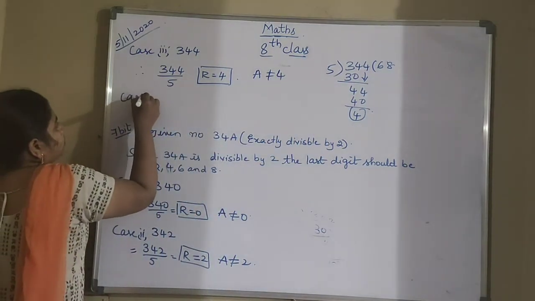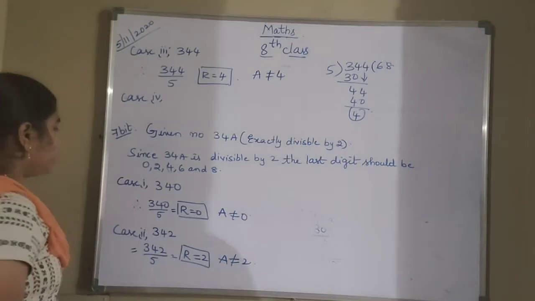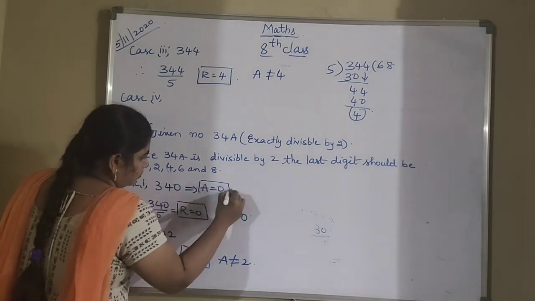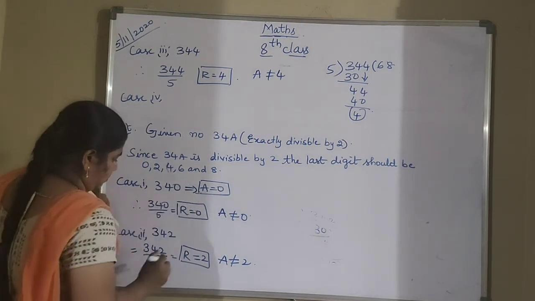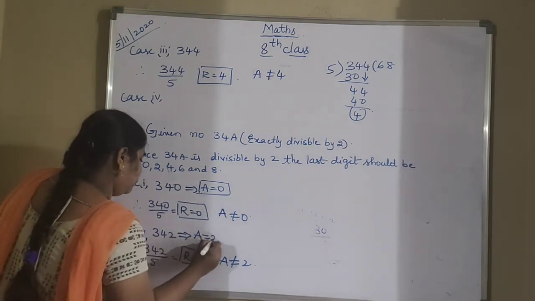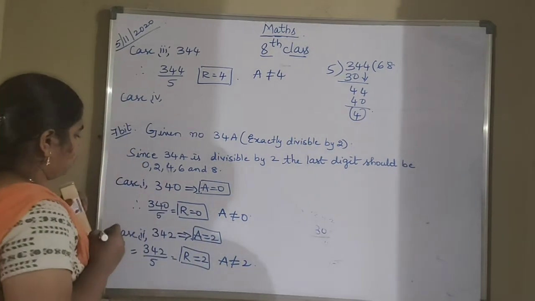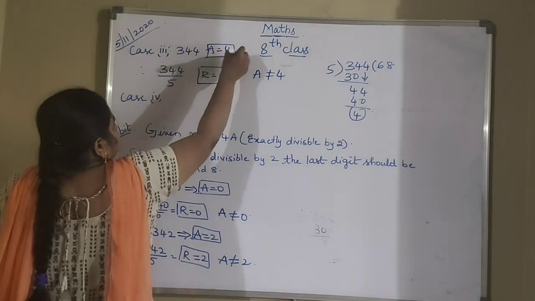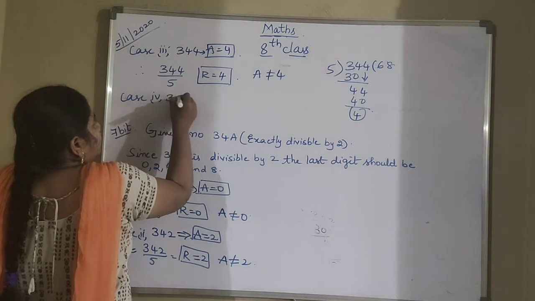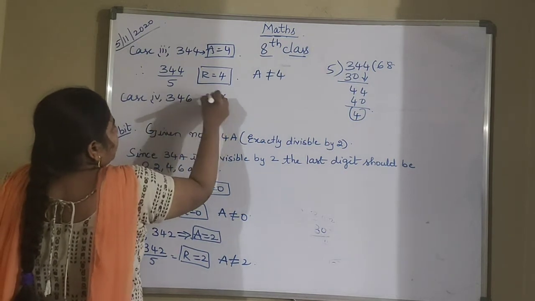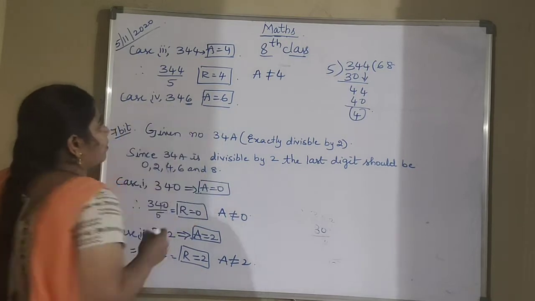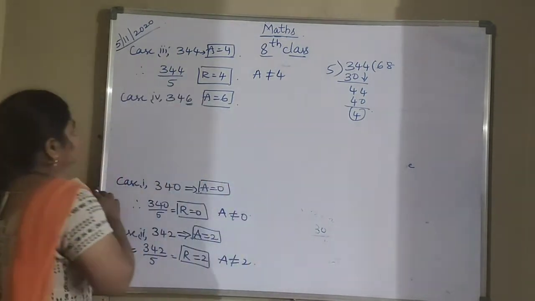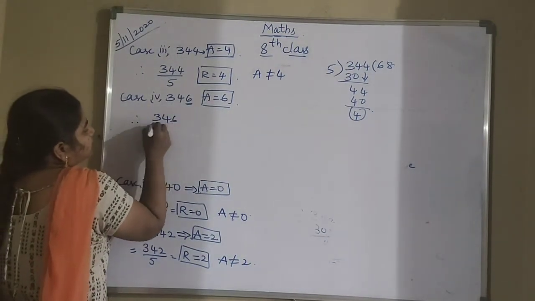Now case number 4. I am taking the a value as 6 now. 346. In place of a I am taking 6. Whether it is divisible or not we will see. So 346 is divided by 5.